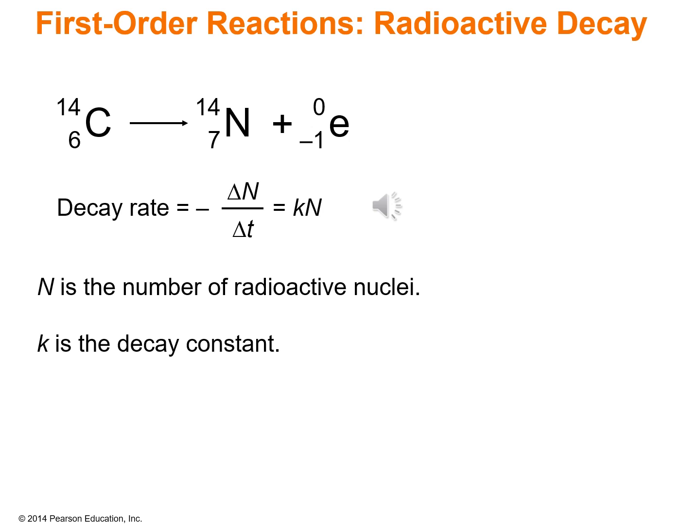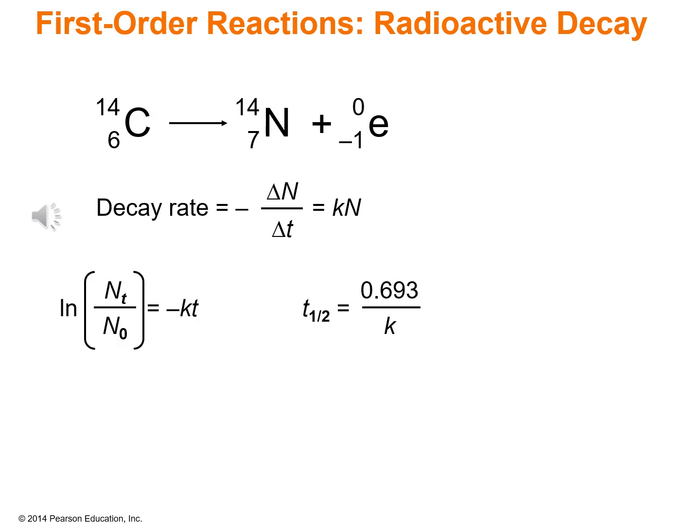Carbon-14 will decay to nitrogen-14 by emitting a beta particle with a half-life of 5,715 years. Let's look at our example again of carbon-14 forming the isotope of nitrogen, nitrogen-14 here.